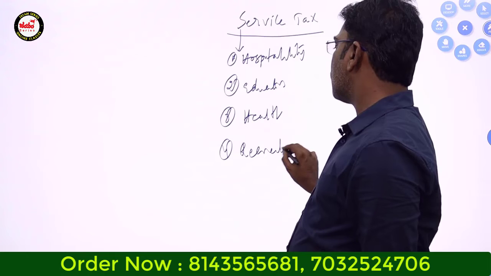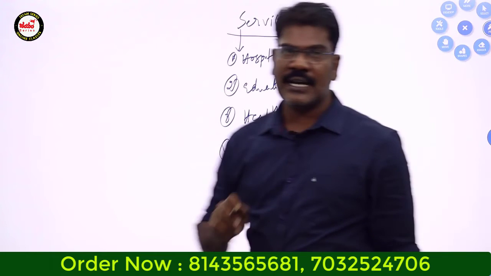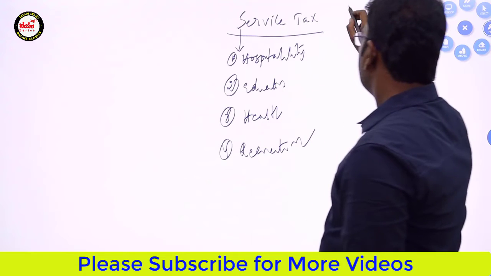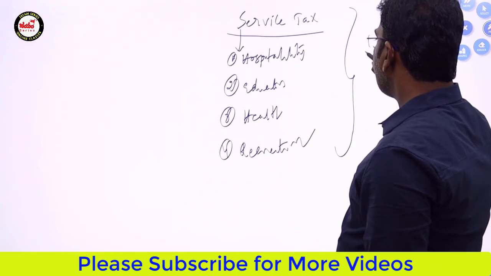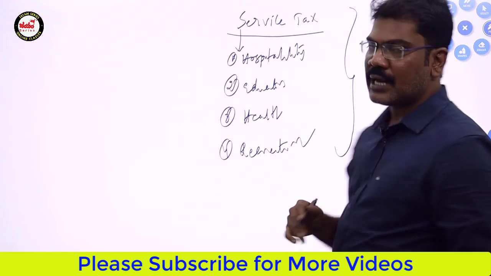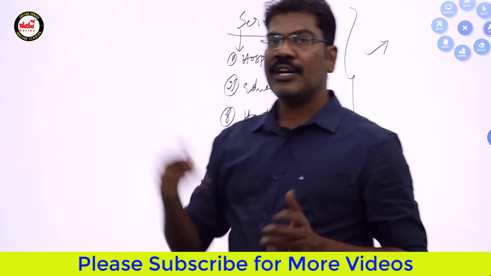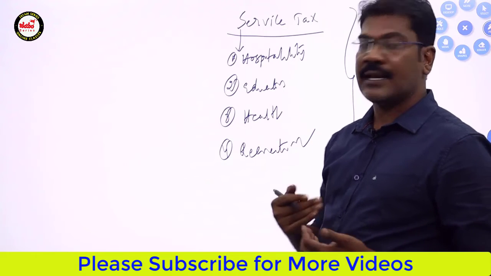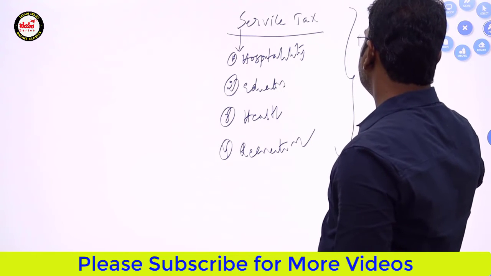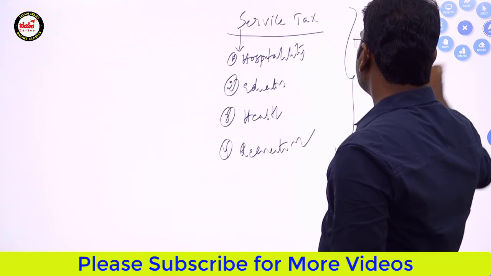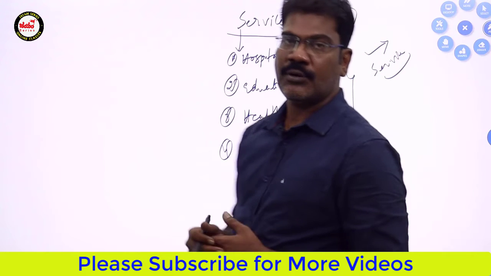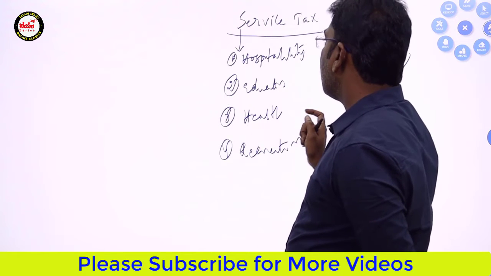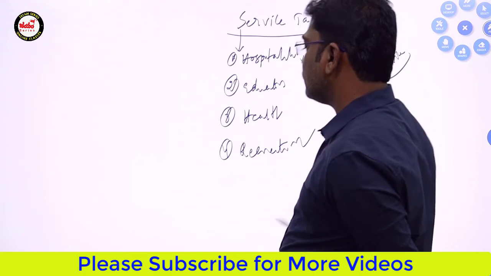These are all called service taxes. Are you clear? These can also be escaped or transferred by the company to the individuals, or what is called the service seeker, who is taking that service. So this is most important when it comes to service taxes.